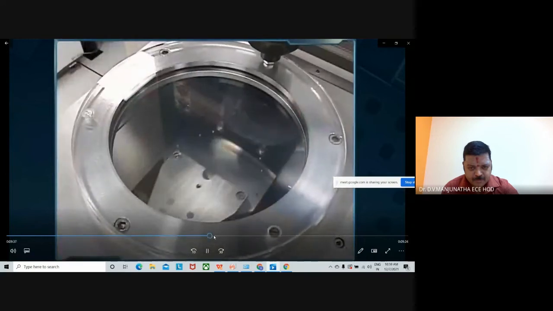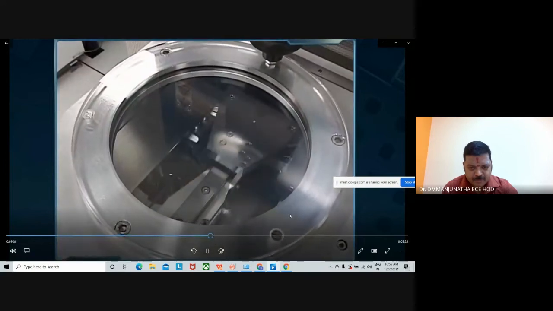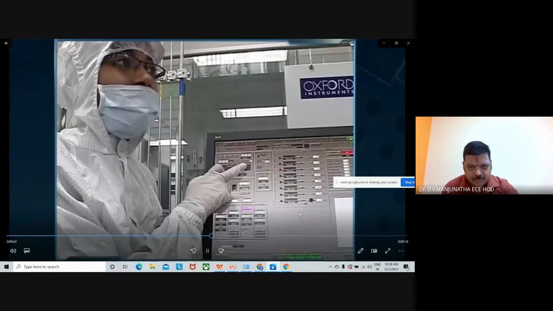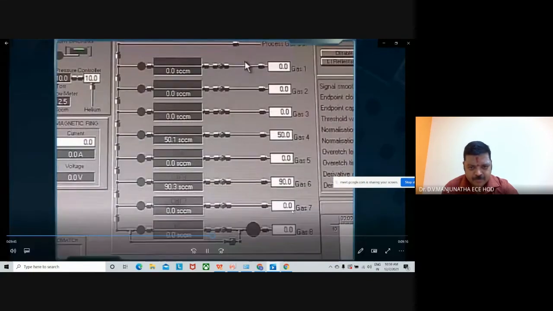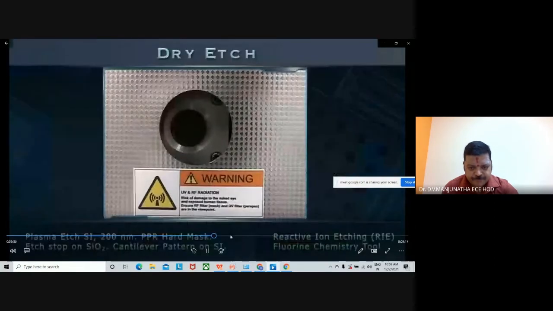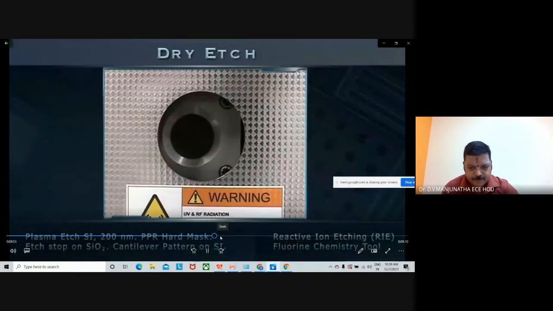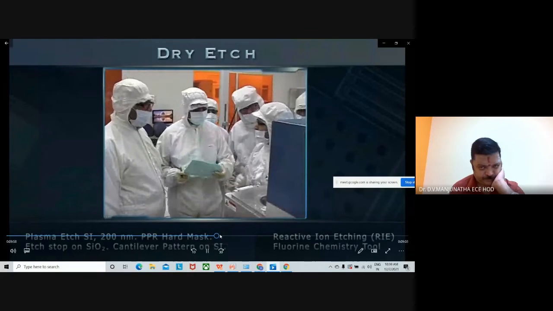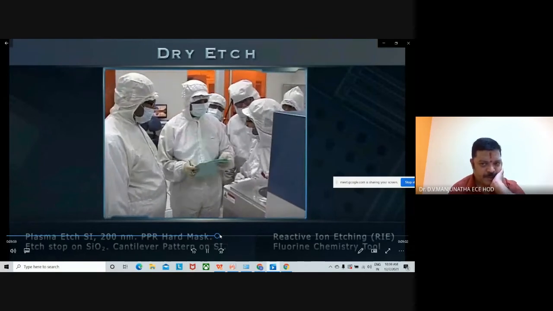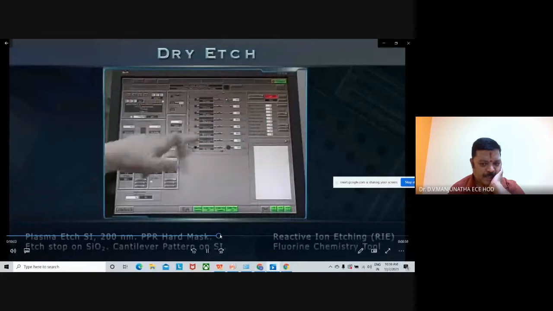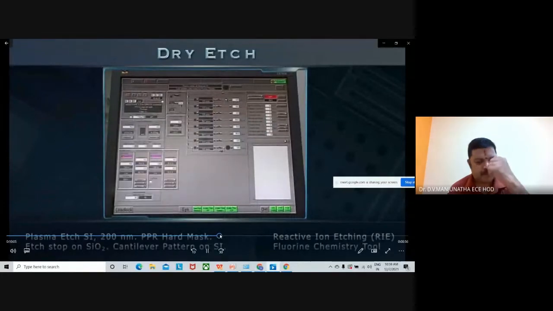Samples are transported into the RIE main chamber. Gases start flowing inside the chamber at specified flow rates and temperature. Plasma strikes when appropriate conditions are reached. For our device layer of 200 nanometers, we have specified an etching time of 2 minutes.